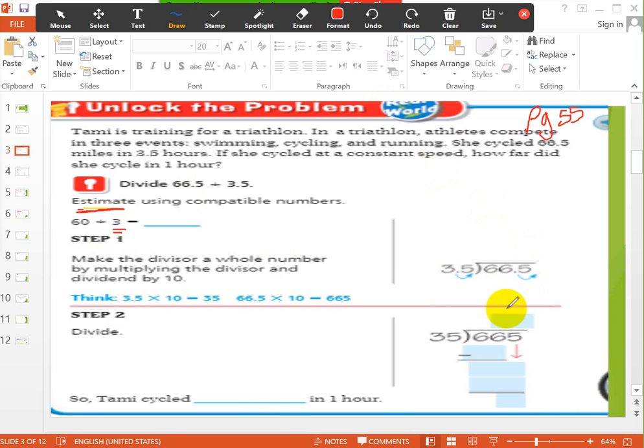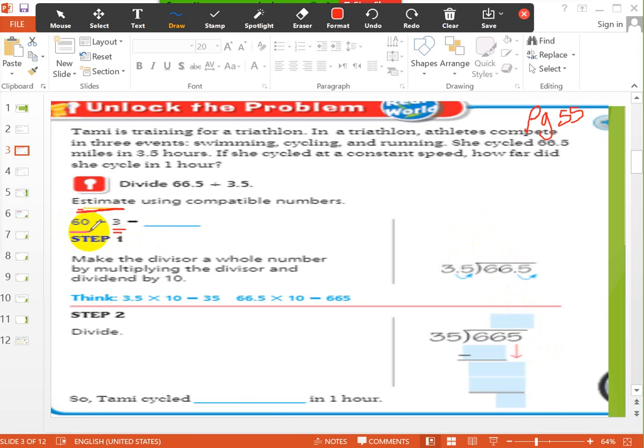And if I want to round the dividend 66 and 5/10 to a nearby whole number that I can divide by 3, what is the number? I can divide it by 3, and it's close to 66.5.